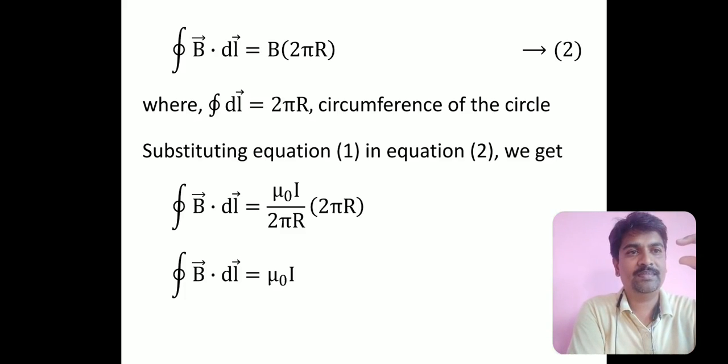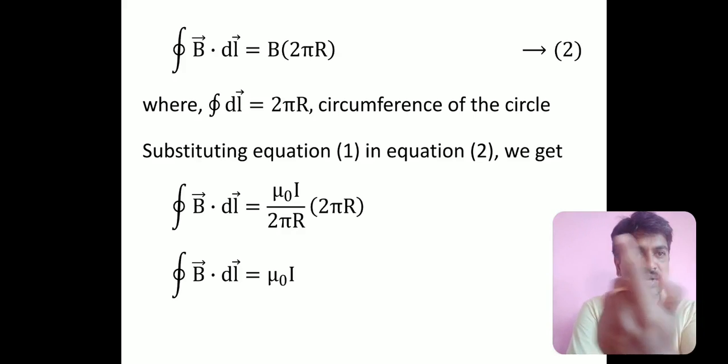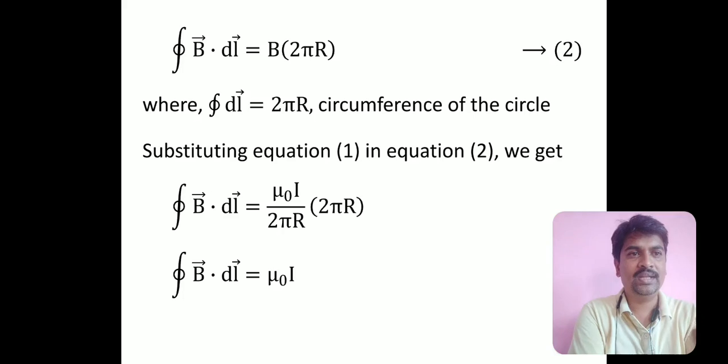One small portion I have taken in a circular path. If I take one full circular path, it is exactly the circumference of the circle. The circumference of the circle is 2 pi r. One round in a circle gives you the circumference. So it is B into 2 pi r.